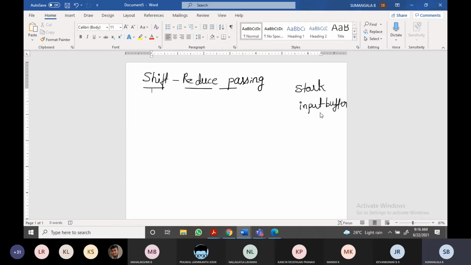So I'm repeating: in shift reduce parsing, the stack is used, as usual consisting of the grammar symbols, and the input buffer consists of the rest of the input which needs to be parsed. Is it clear?